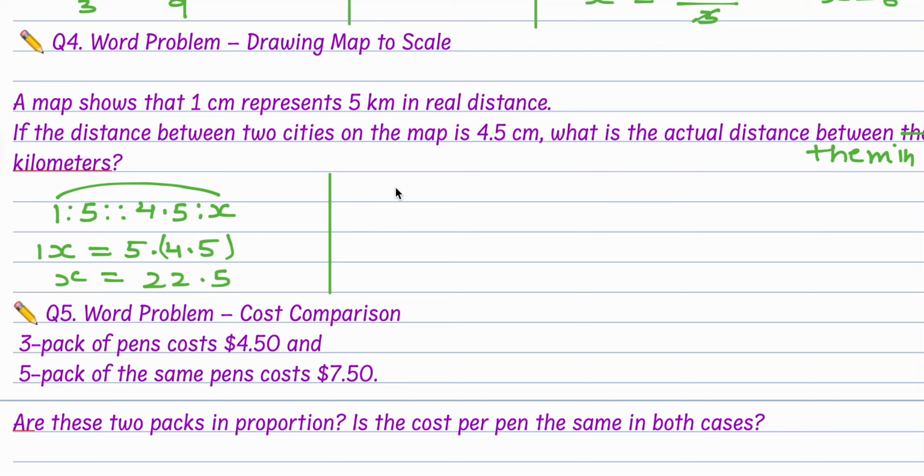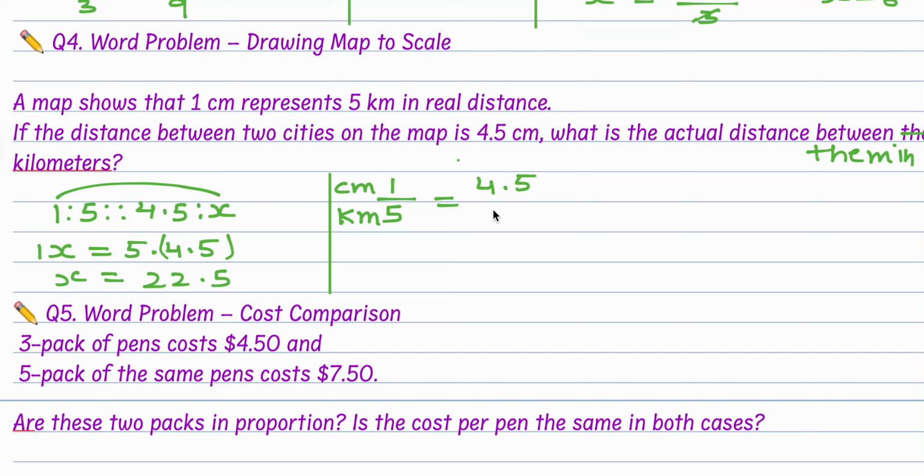Now let's see with the help of ratio, 1 over 5. So numerator is centimeter, right? In our map we are showing, and denominator is the actual distance, so that sequence should be maintained. Now this is 4.5 centimeter and centimeter is in the numerator, so it should be in the numerator.